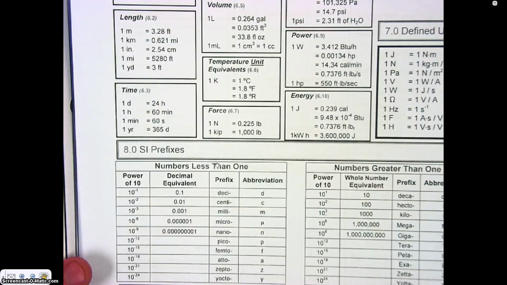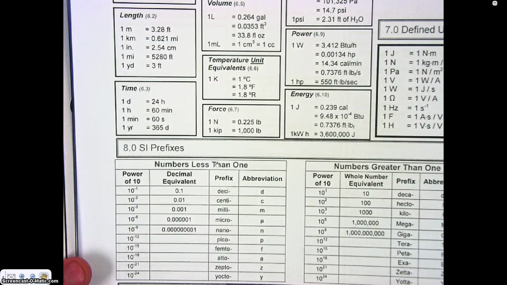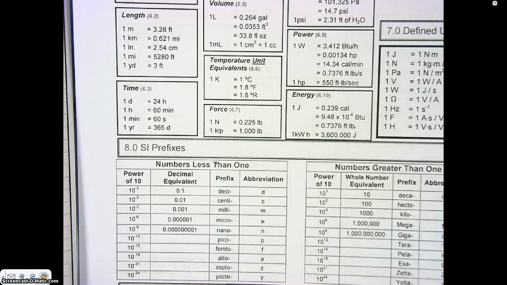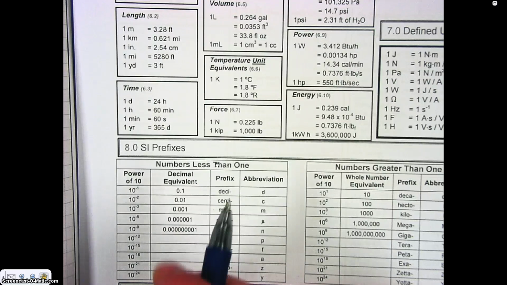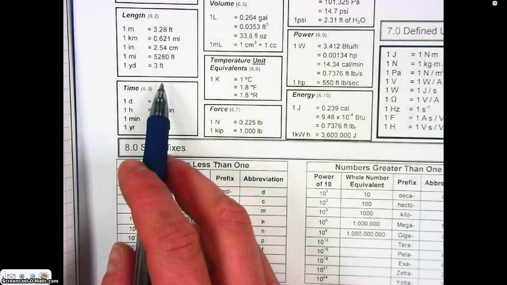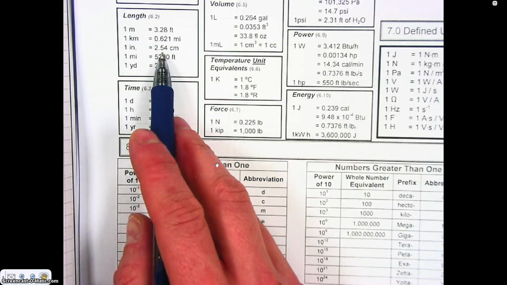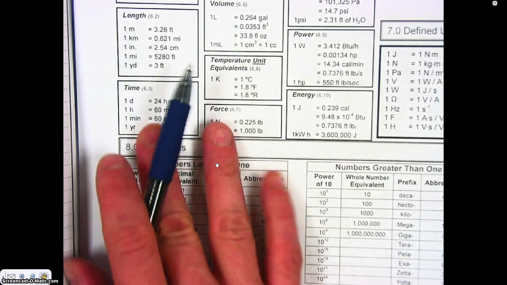It's centimeters. I'll come up here and I can see that 2.54 centimeters is equal to 1 inch.